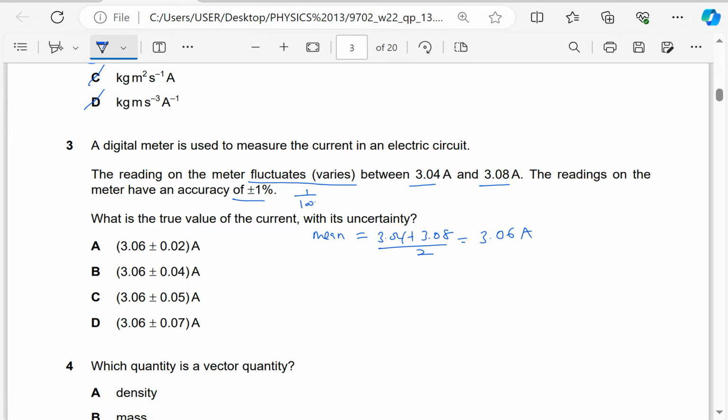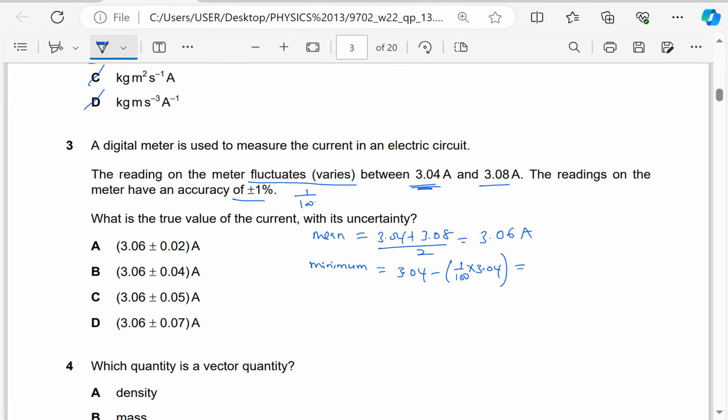So for the minimum value, we look at the lowest, then we subtract the most possible uncertainty in the minimum value. So the lowest is 3.04 minus the most possible uncertainty in the lowest, which is, remember, plus or minus 1%. So it is 1 over 100 times the least possible value obtained there, which is 3.04.